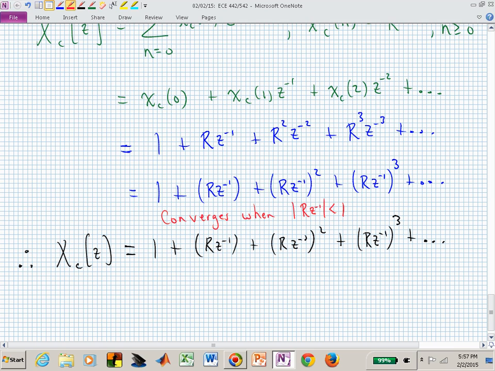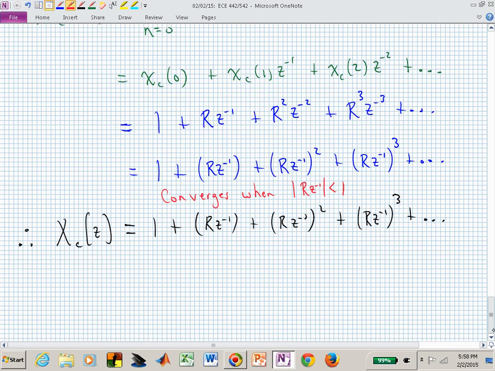And we convinced ourselves maybe before, in earlier lectures, that if we have an x, then as long as that x is less than 1 in magnitude, that sum is going to converge. Let's now assume that we have this capital X sub c of z converging. We're now assuming that r z to the minus 1 is less than 1.